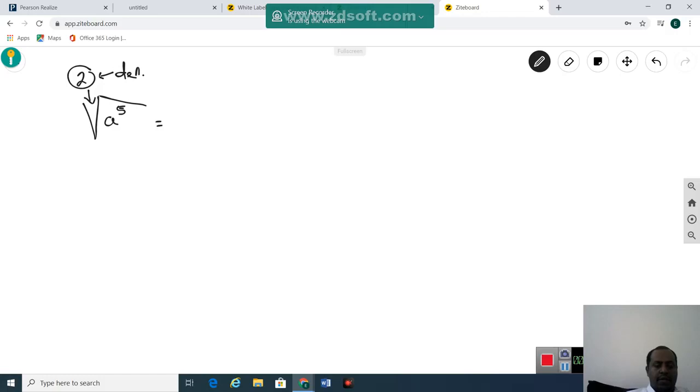Therefore, this will be the same as a to the power of 5 over 2. So the radical expression is changed to a rational exponent. We can convert the radical form to rational form.